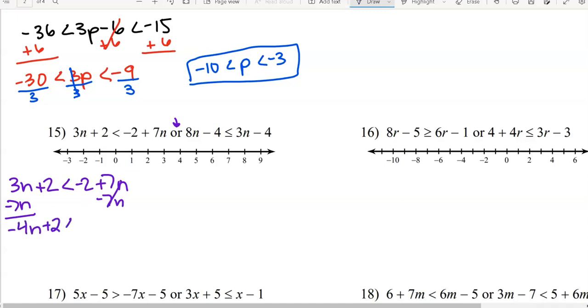We still have +2 is less than -2. I'm going to move my constant over. Right now it's a +2, so I'm going to subtract it from the other side. That gives me -4.